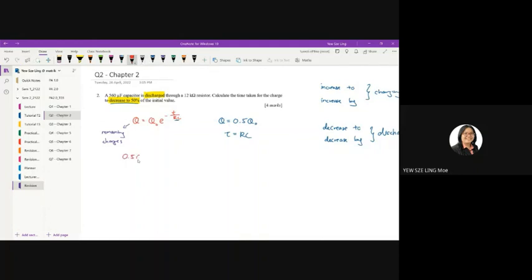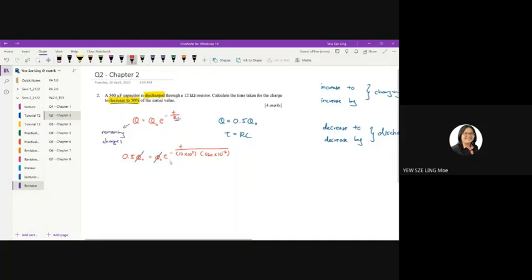So 0.5 Q naught equals Q naught exponential negative t over RC, where R is 12 kilo ohm, so 12 times 10 to the power of 3, and C is given as 560 micro, so 560 times 10 to the power of negative 6. That is your equation. The reason why we need Q equals 0.5 Q naught is so that we can cancel out the Q naught.